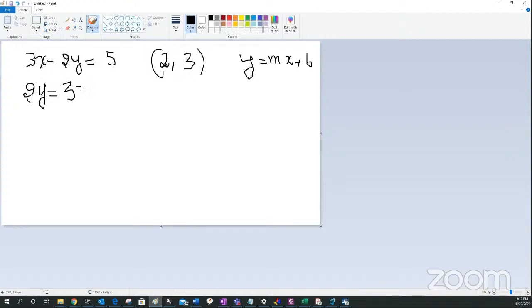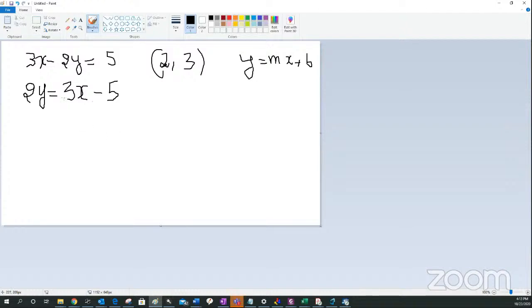When you move to the other side, you get the opposite sign, right? And the 5, I move to this side, so when it comes in it would be minus 5. So you have 2y equal to 3x minus 5, right?